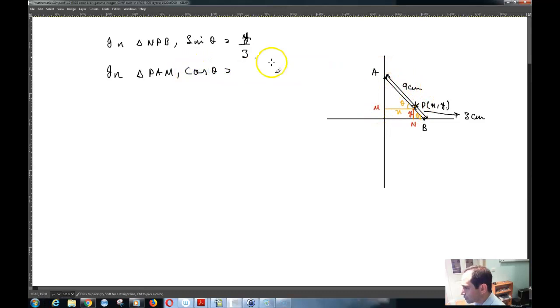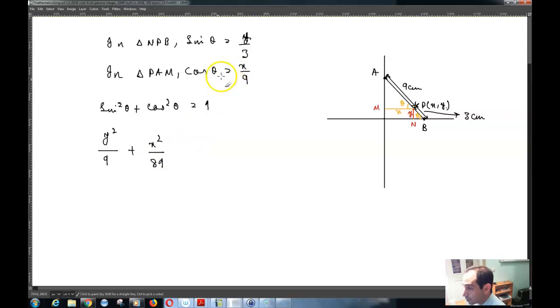Cos of theta is equal to x divided by 9. Now if I write sine squared theta plus cos squared theta is equal to 1, that means y squared by 9 plus x squared by 81 is equal to 1, or I can write x squared by 81 plus y squared by 9 is equal to 1, and that is the equation of an ellipse.